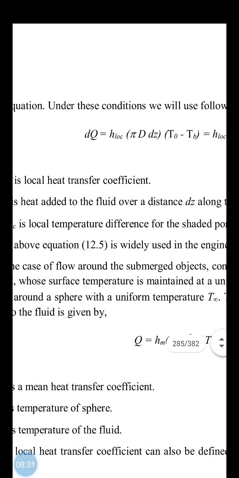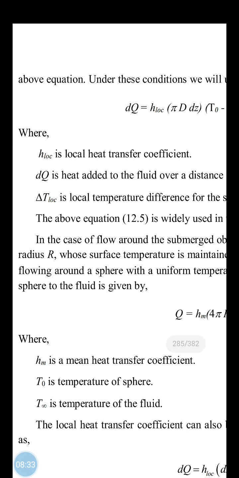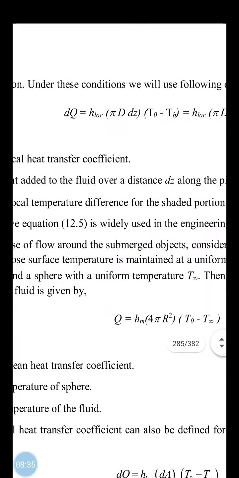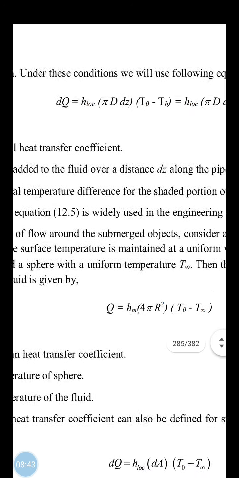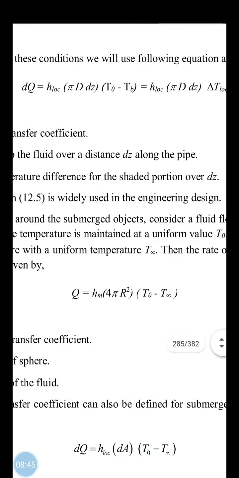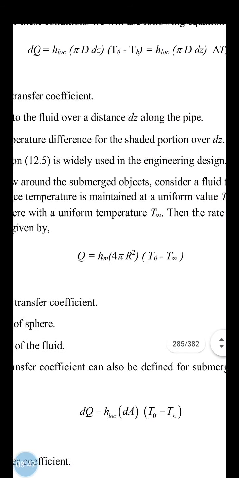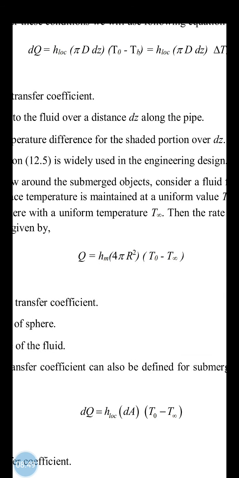Finally, in case of flow around a submerged object, meaning a solid sphere at higher temperature immersed into the fluid, where heat transfer takes place, the heat transfer is found by the equation Q is equal to h m, that is the mean heat transfer coefficient, into 4 pi r square, because it is a sphere, into the temperature difference T naught minus T infinity.